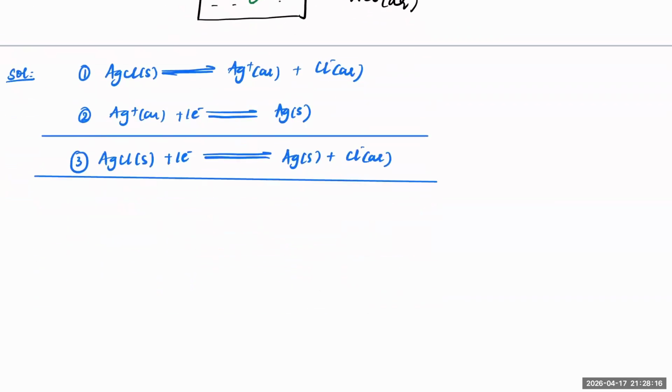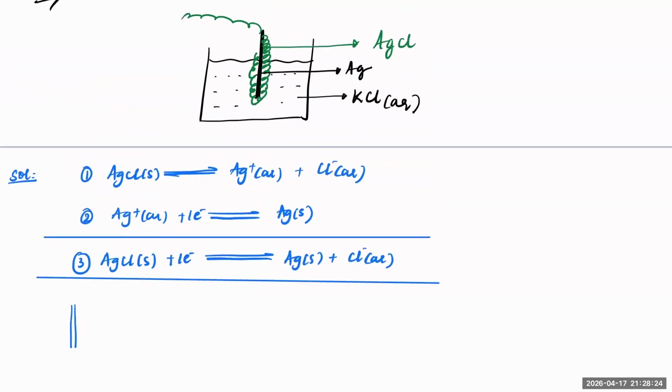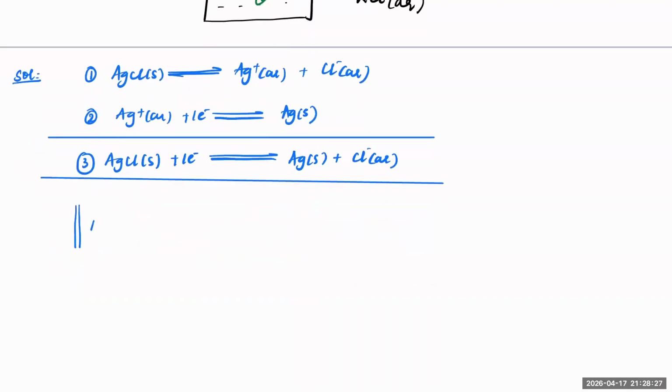See, first, if it is on the cathode side, it will always be after the double line, which is the salt bridge. And after the double line, it is the Cl- ions which are in immediate contact with the half cell, and then we write AgCl solid, and that is getting reduced to Ag.